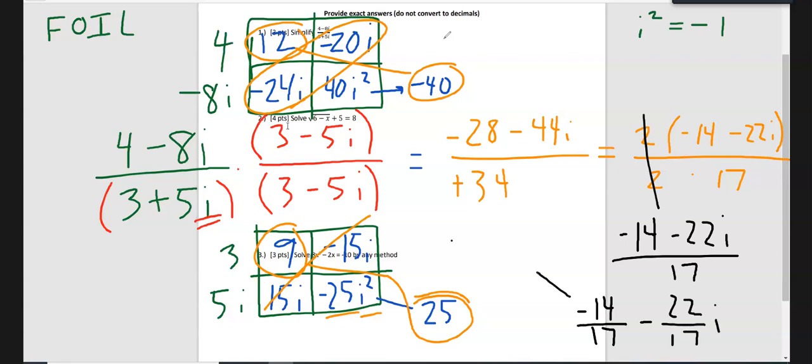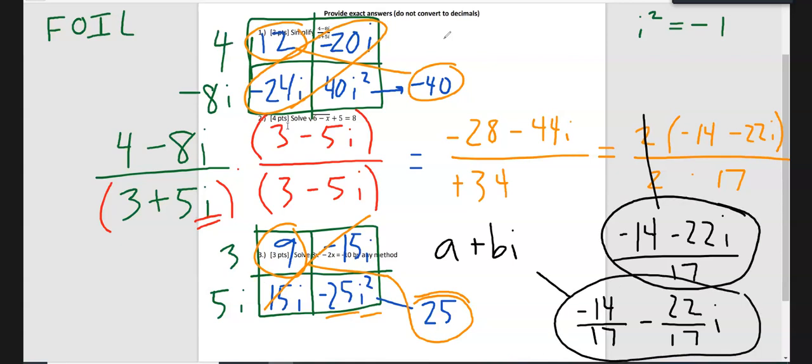They refer to this as a plus bi form. I don't know which your teacher would prefer, but I guarantee that the math teacher will probably want one of these two. Sure. I'll go the extra steps just to make sure. Yeah, I understand. Because I don't know what he wants.